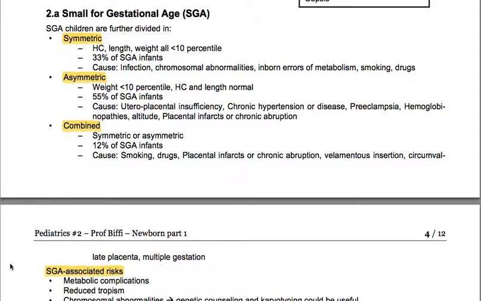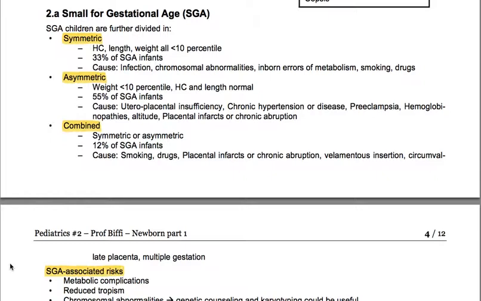Asymmetric: the weight is less than the 10th percentile, head circumference and length are normal. They are 55% of small for gestational age infants. The causes are uteroplacental insufficiency, chronic hypertension or disease, preeclampsia, hemoglobinopathies, altitude, placental infarcts, or chronic abruption.